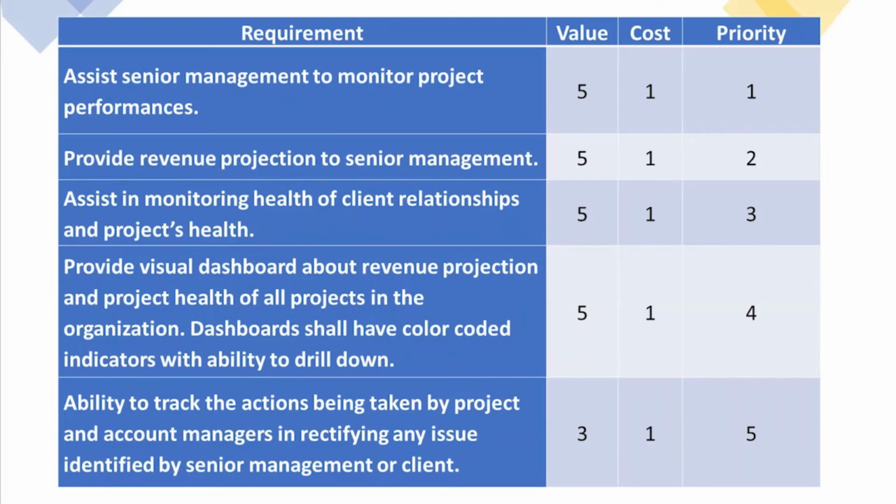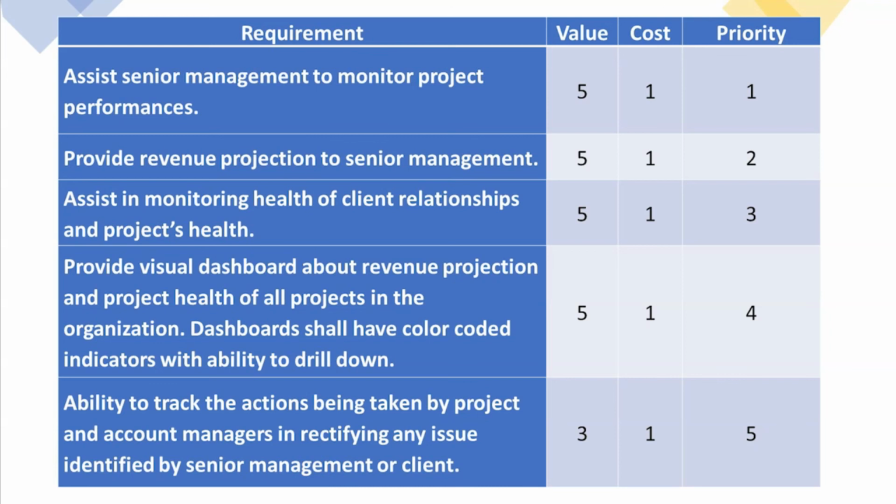Thank you so much. Now that we have watched our context video, here are some requirements which I have put in front of you. If you observe, I have used two columns, one called value indicator and one called cost indicator, in order to come up with the priority for the requirement.